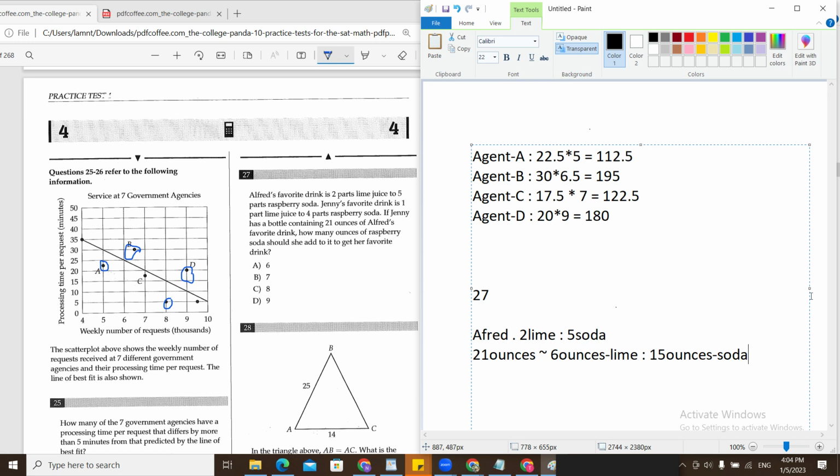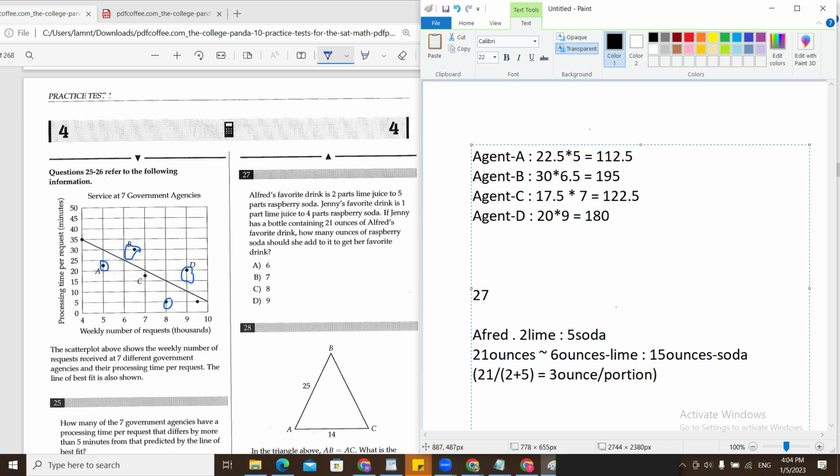Because the total number of parts is 7, so 21 divided by 7 means 3 ounces each, so 21 divided by 2 plus 5 is the 3 ounce proportion, right?